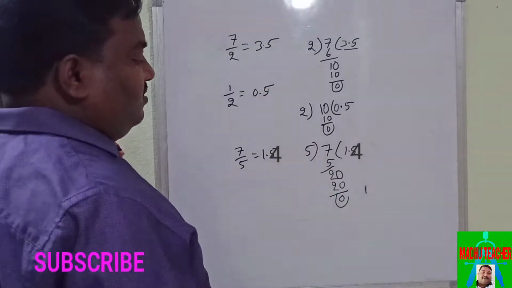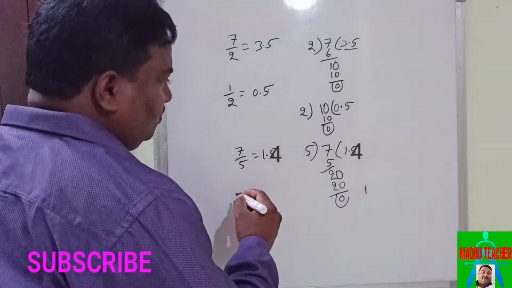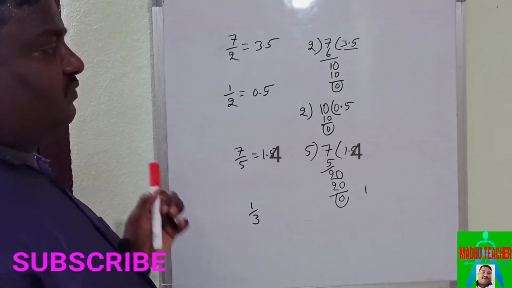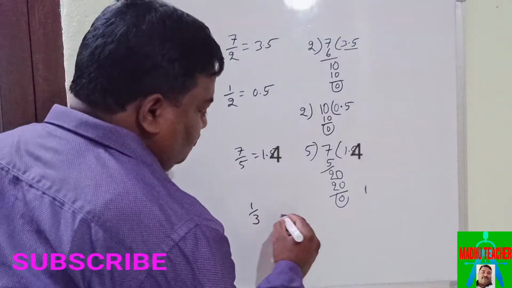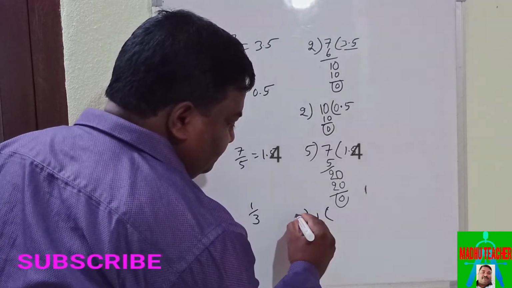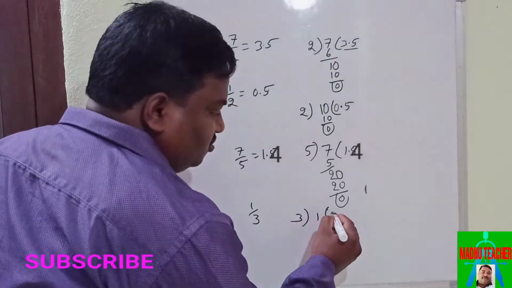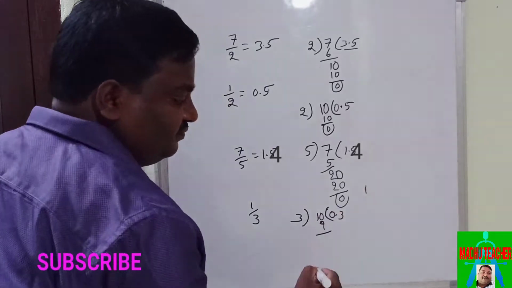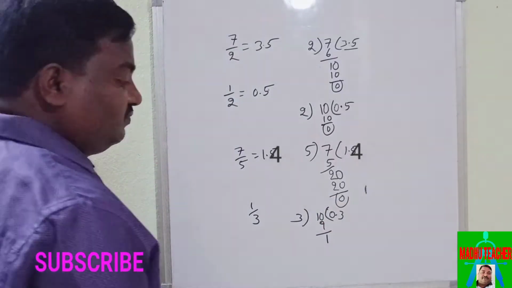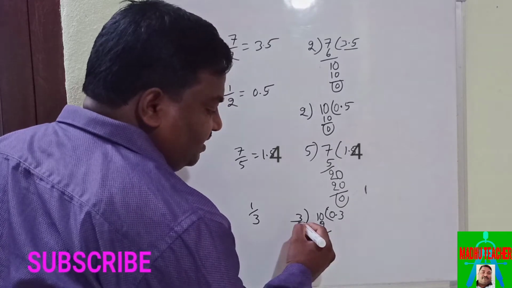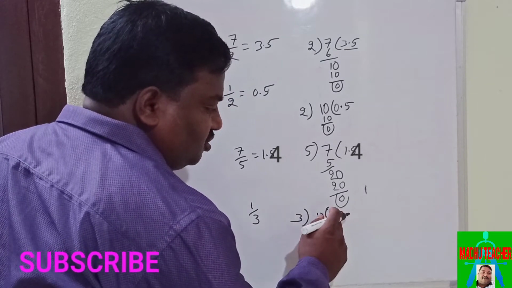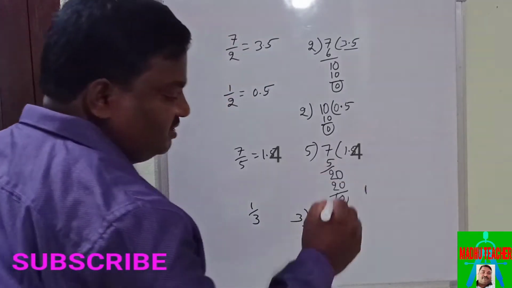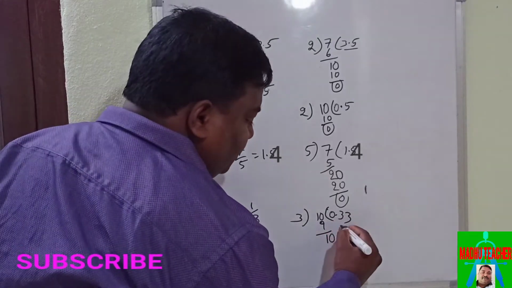Okay, let us take one more, that is 1 by 3. 1 divided by 3. So 1 is less than 3, so put a point here, and we get 0. 3 3s are 9, we get 1 remainder. Again 1 is less than 3, so we get 0 again, and 3 3s are 9.